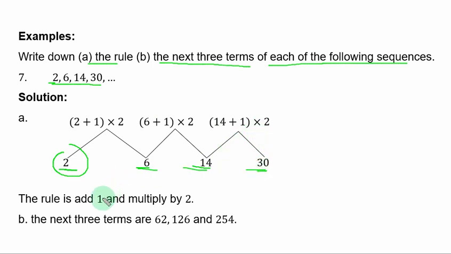The rule is add 1 and multiply by 2. So, for the next term, you add 1 to 30, that is 31. Multiply by 2, you have 62. The next terms becomes 126 and 254.